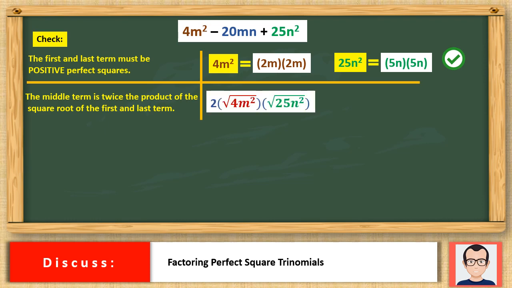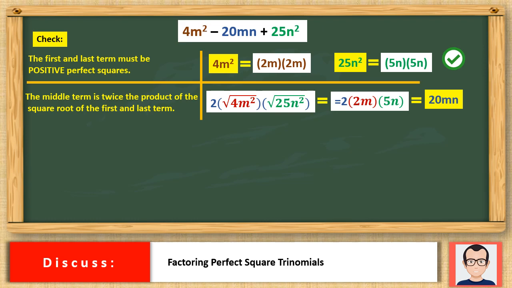Here we have 2 times the square root of 4m squared times the square root of 25n squared. When we simplify it, we have 2 times 2m times 5n. And multiplying the three terms, we will have 20mn, which is exactly the middle term of the given trinomial.